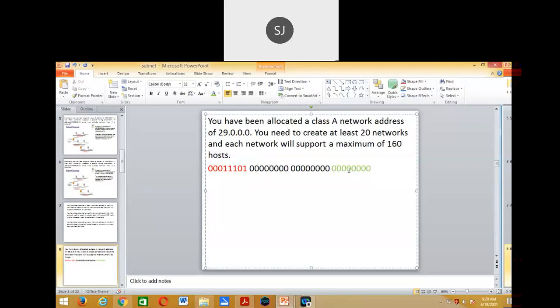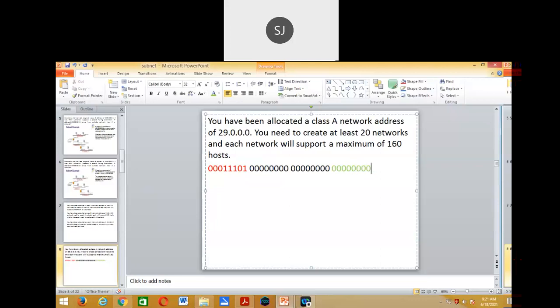So what is the subnet mask now? With 8 bits, how do you obtain the subnet mask? The bits which are reserved for host ID, you should keep them 0, and all remaining bits 1. So what is that? You tell me.